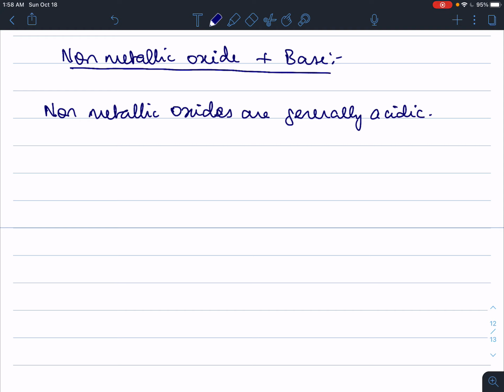So how do we get this? We can try another example if you like. Say CO2 plus NaOH. Now in water, CO2 behaves like H2CO3. Now H2CO3 plus NaOH is a very simple example. How would that work?